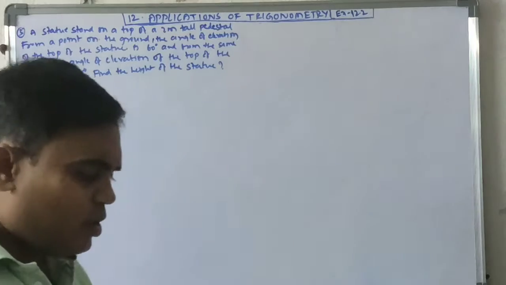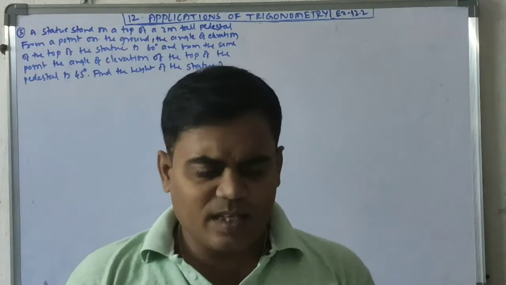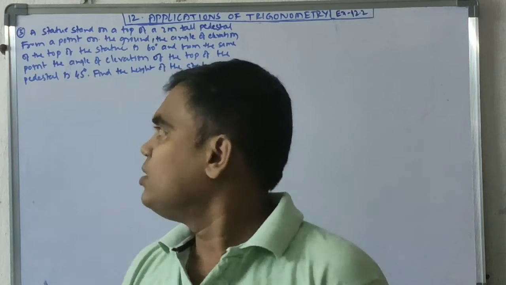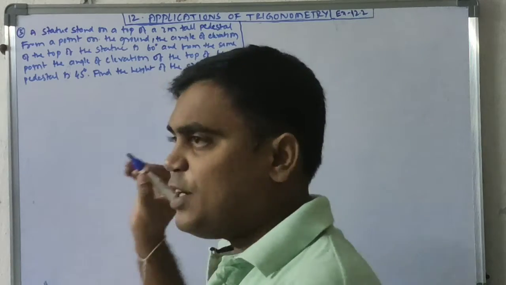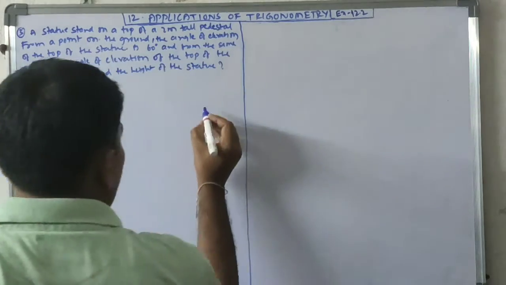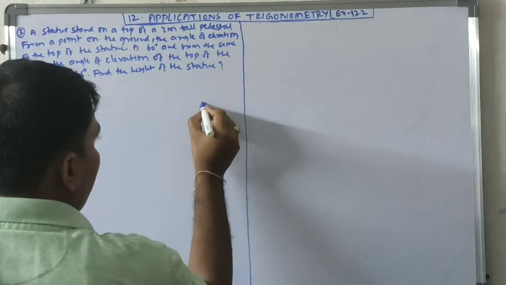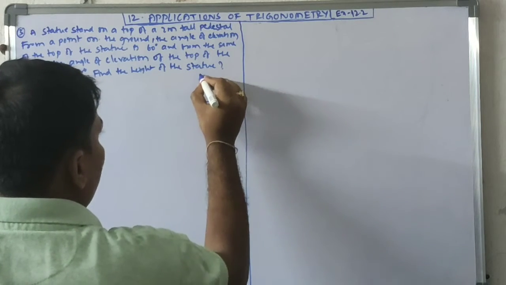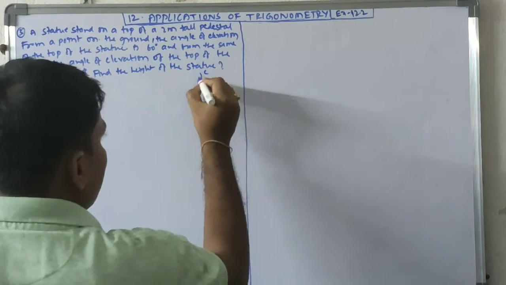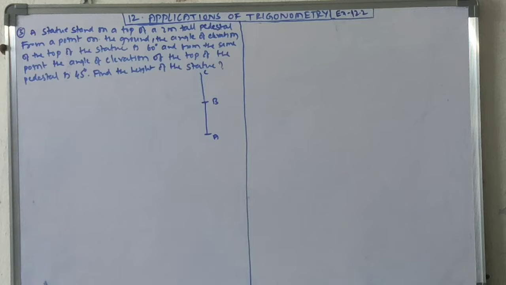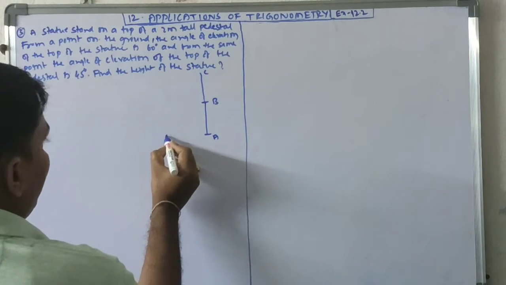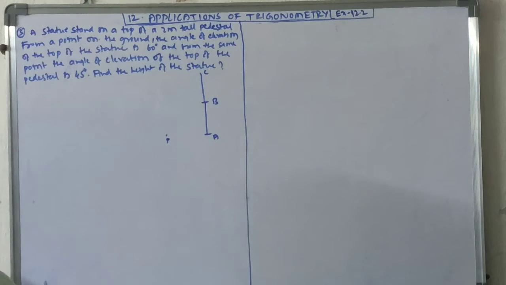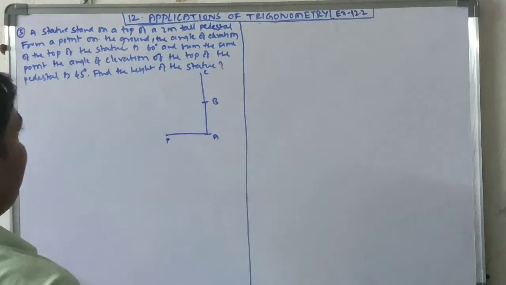Okay, so coming to the question, a statue stands on the top of a 2 meter tall pedestal. First, the statue is standing upon the pedestal. I am taking the pedestal as AB. AB is the pedestal, and the statue is standing on the pedestal. BC is the height of the statue. Next, from a point on the ground, let us consider the point P. This is a horizontal line.